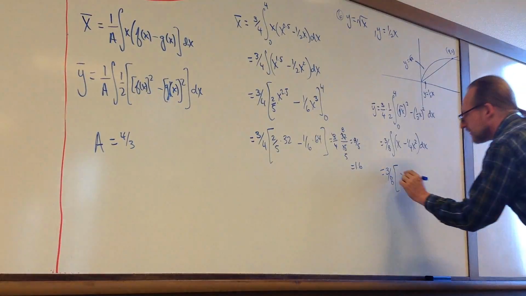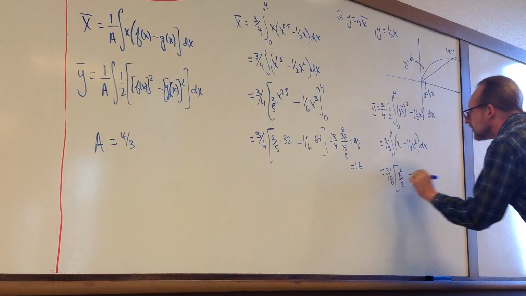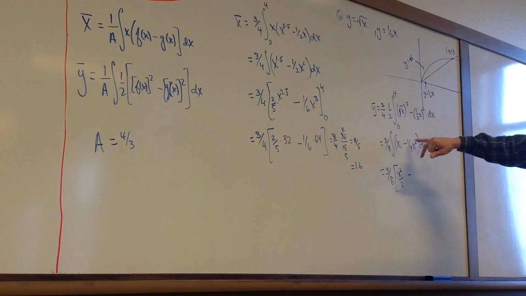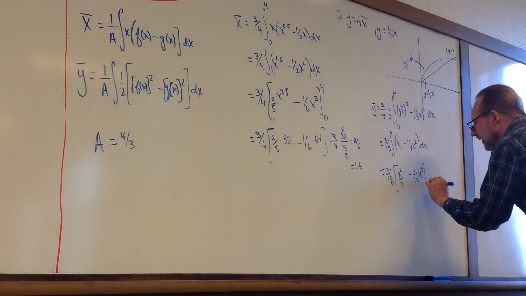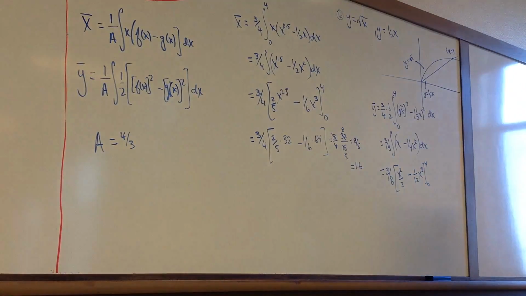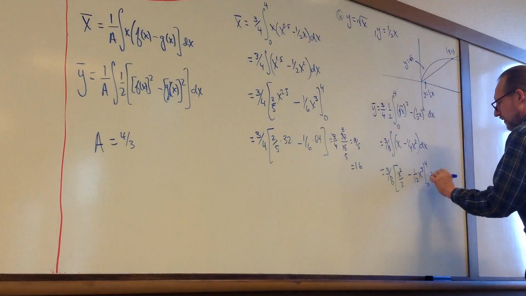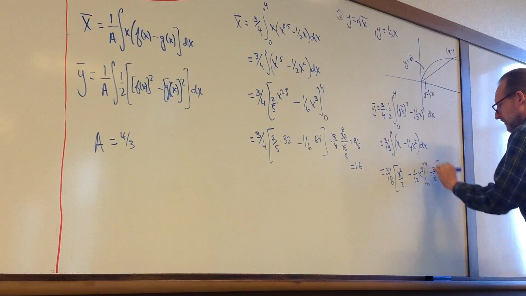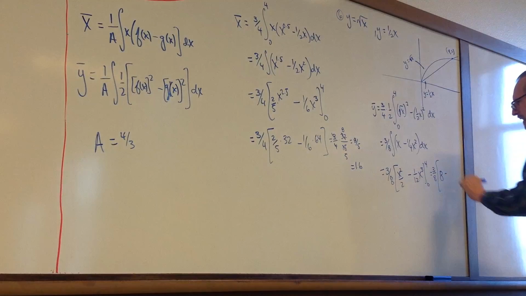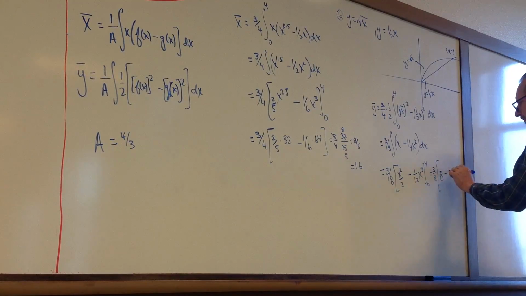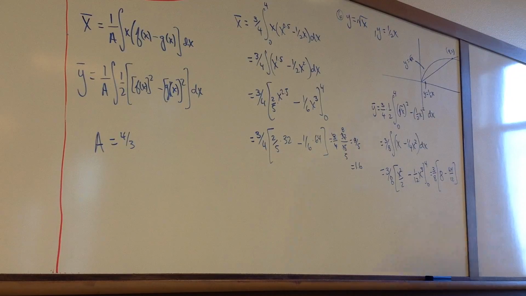So what do we got here? This is x squared over 2. This will be x cubed over 3 times 1/4, or 1/12 x cubed. All right, so what do we got here? 3/8 times 16 over 2, which is 8, and then 64 over 12, which is 16 over 3.